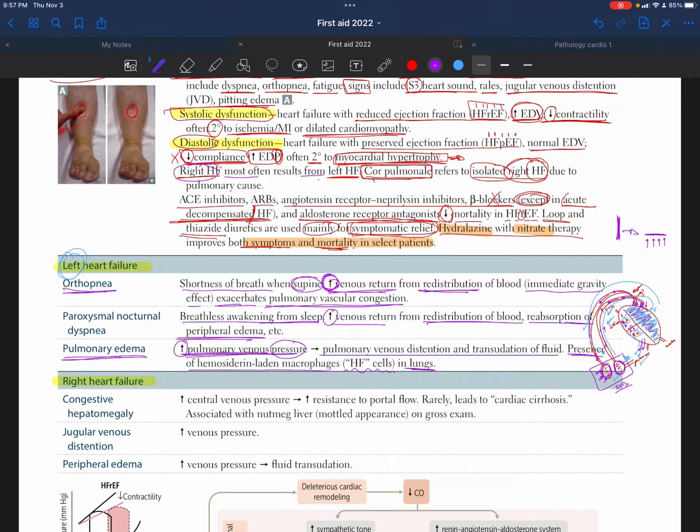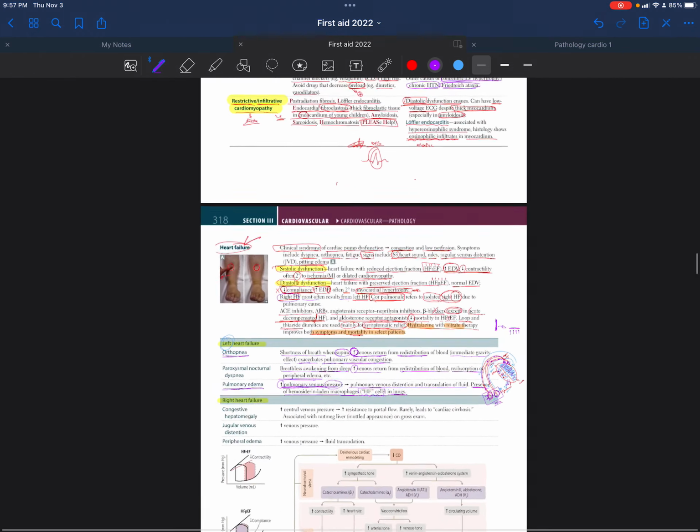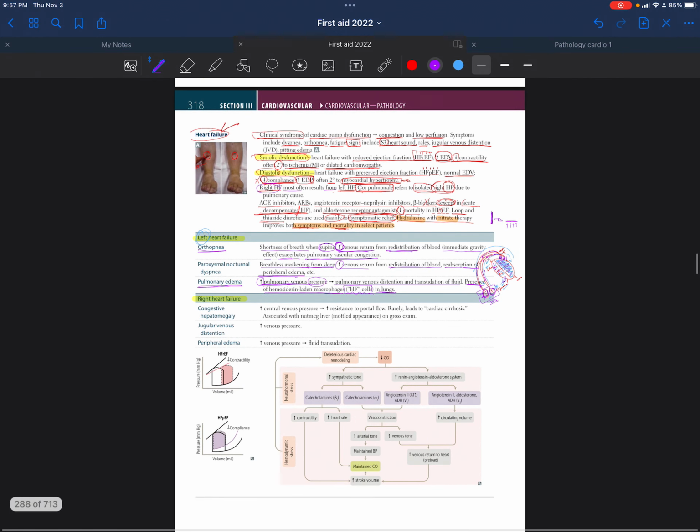And in this case, we can see what are called hemosiderin-laden macrophages, and these are called the HF cells in the lungs. So that's for the left heart failure.